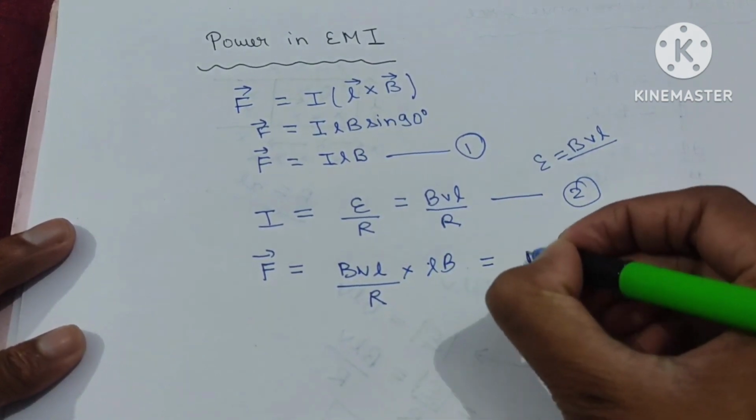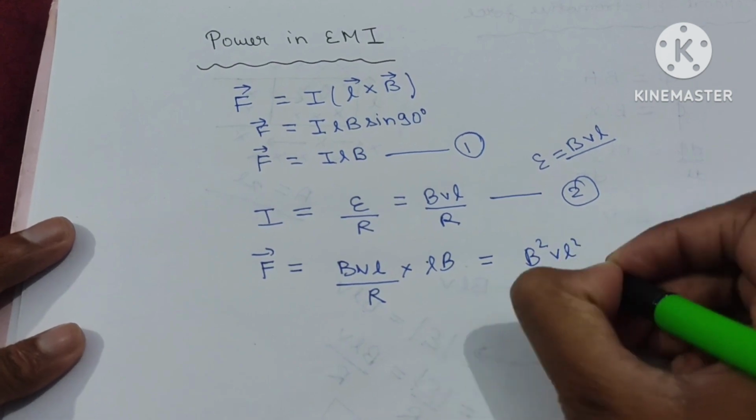Now it becomes B square V L square by R.